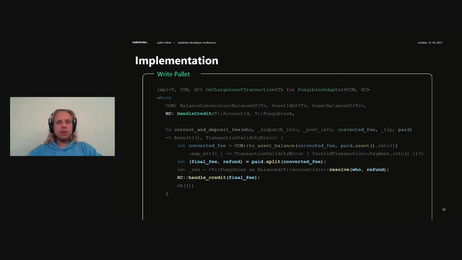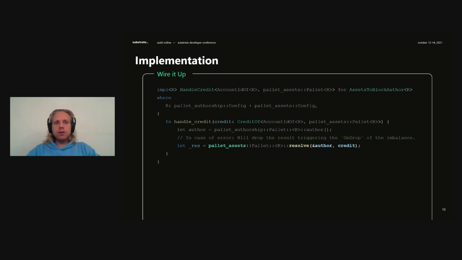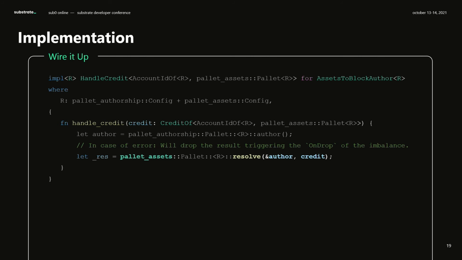And then we refund back to the sender of the transaction potentially. And also we send the final fee on to the implementation. Note this is generic again, right? And that's why we have that assets to block author implementation that I've also already mentioned, where we just take the block author and we just pass the asset onto that author.